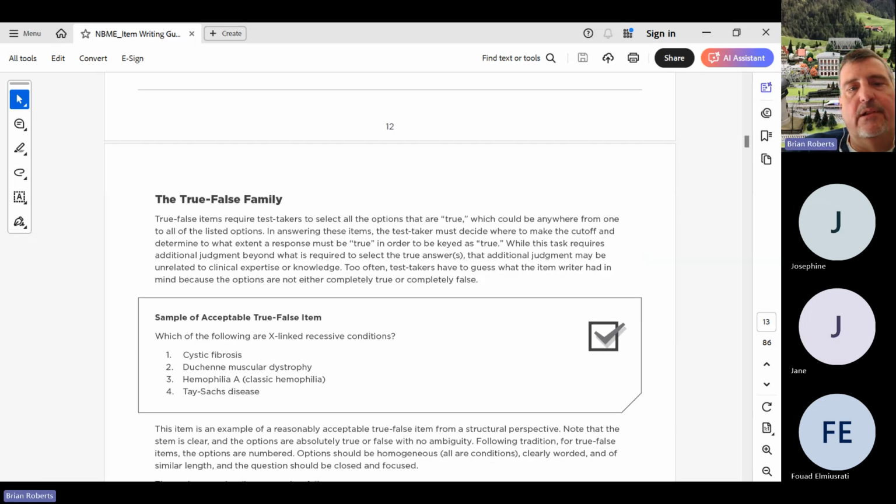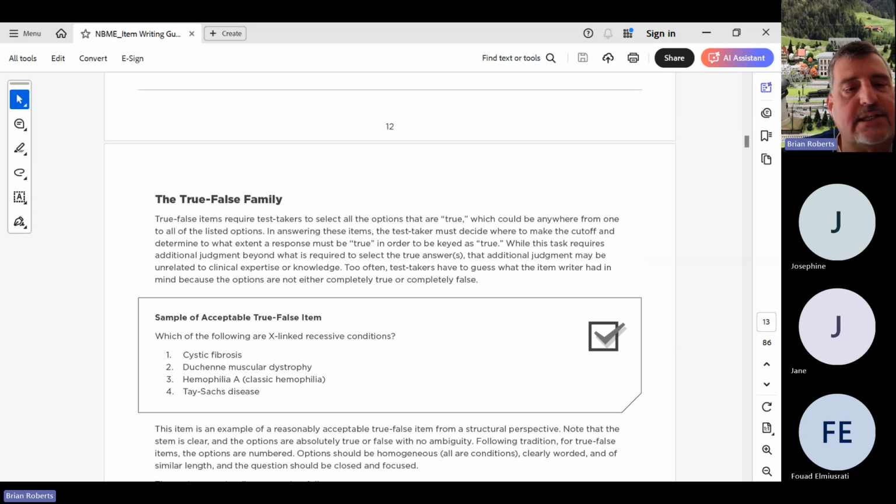So here's an example of a true false question. Basically there's a statement and it's asking you a fact, and you either know it or you don't. Here, which of the following are X-linked recessive conditions? Now this is a human test, so we're not going to know this stuff that well. But if we made this a dog, it would probably be hemophilia.